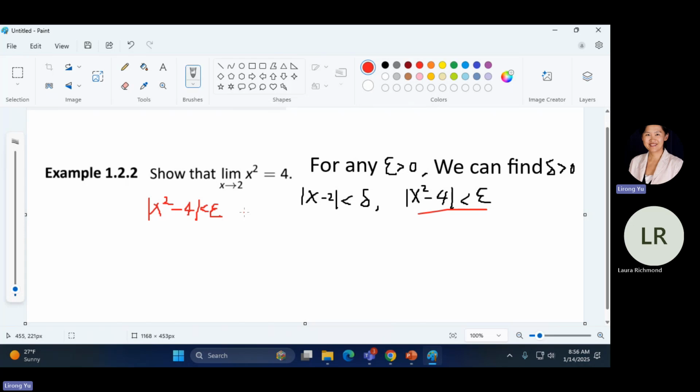We remove the absolute value, so x squared minus 4 will be less than positive epsilon and bigger than negative epsilon. Then you can add 4 to all of them. You have x squared less than 4 plus epsilon and bigger than 4 minus epsilon.